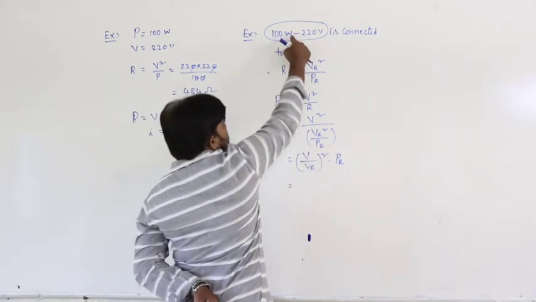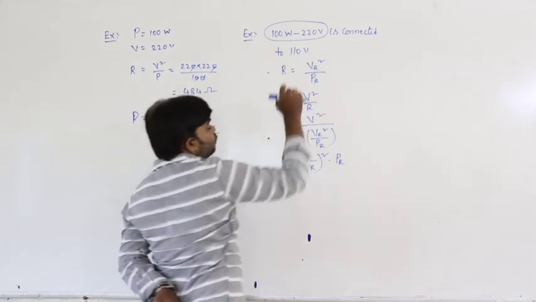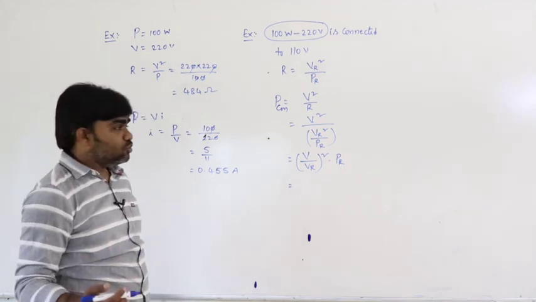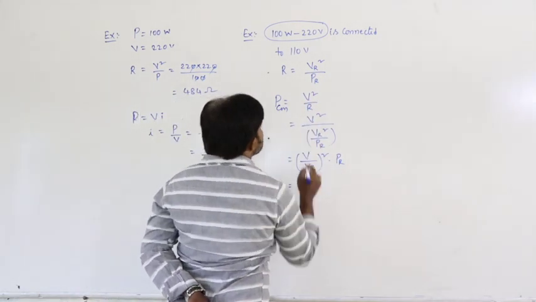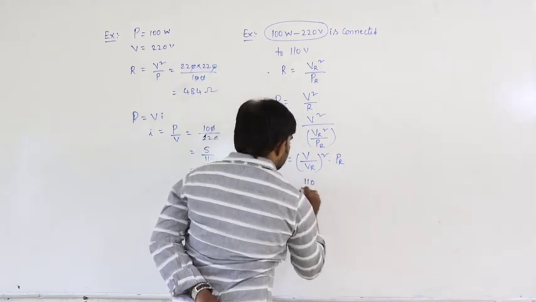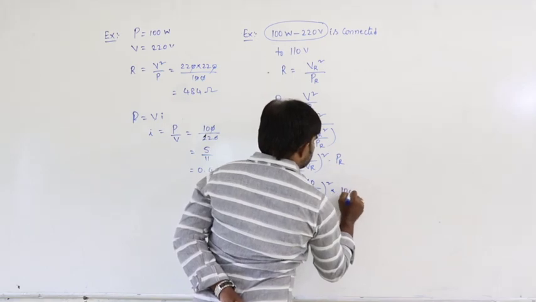So if this bulb is connected to 110 volts, what is the power consumed? Power consumed is V square by R, which is 110 divided by 220 whole square into 100.